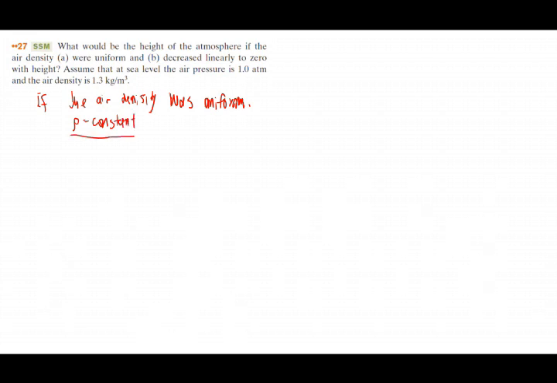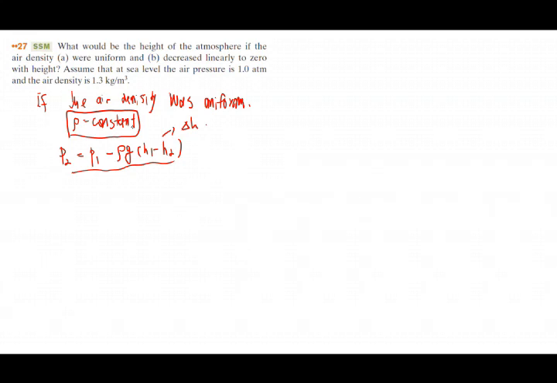It has nothing to do with the height of the atmosphere. With that condition, the pressure at a certain point can be expressed with the pressure at the reference point and the potential energy difference between the two different positions, h1 minus h2. That is delta h, the height difference between the two points.